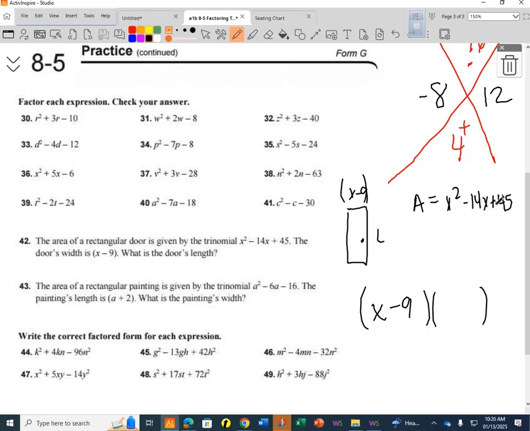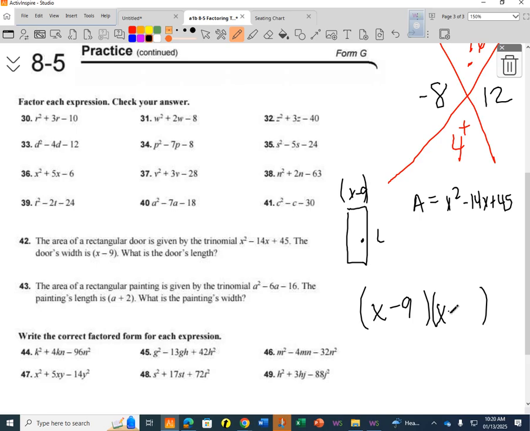Now this is a positive. What goes in this first spot here? Fatima, what goes in the first spot here? X, right? What's the operation going to be here? Plus or minus? It can't be plus, because the last term is a plus, right? So it's got to be a negative times a negative. So negative 9 times what will give me positive 45?